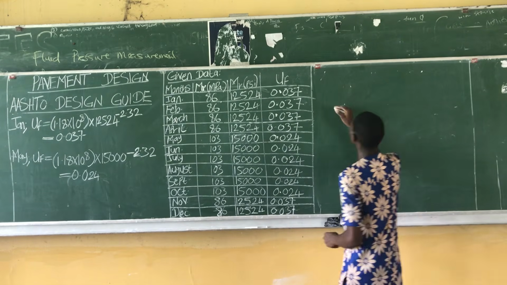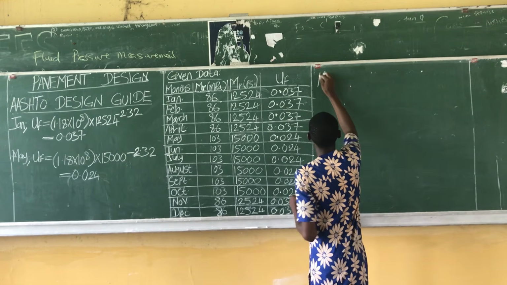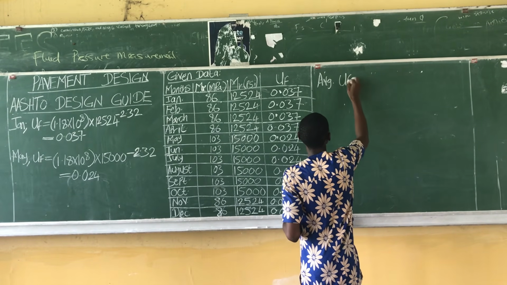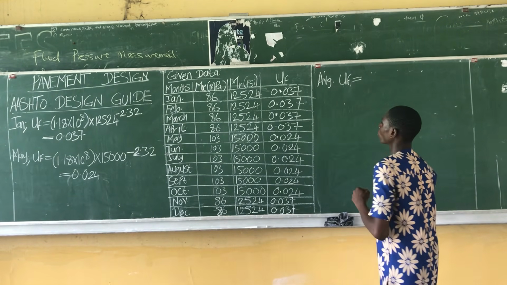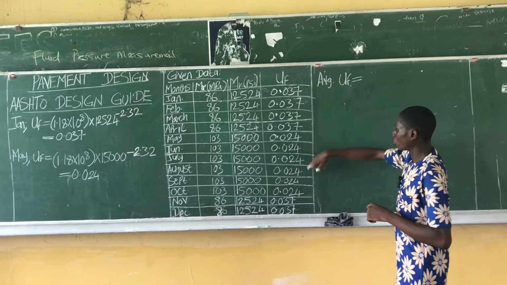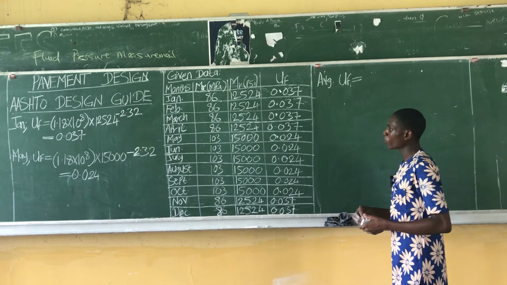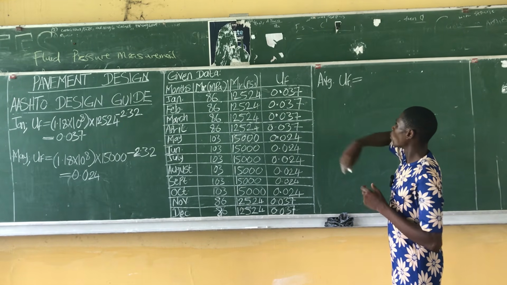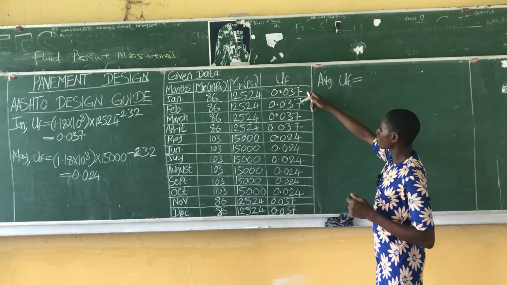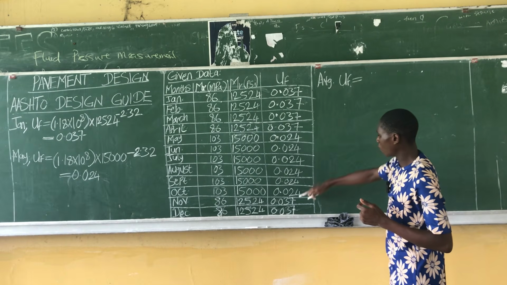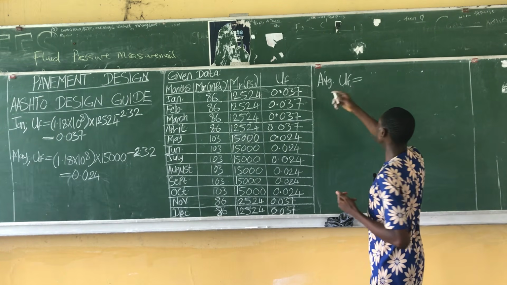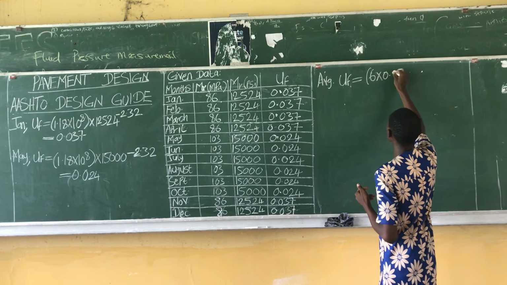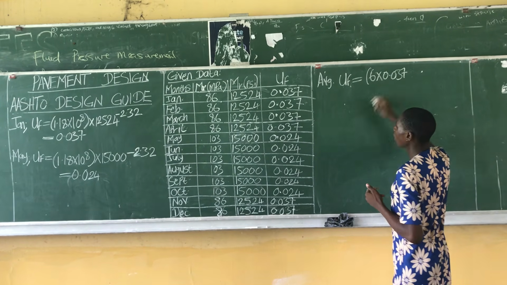Okay, so the average damage factor is equal to, now we're adding this plus this plus this to the end, but if we observe from our problem, instead of writing this out expressly, how many of this value do we have? We have 1, 2, 3, 4, 5, and 6. So adding all this, we can simply say this is 6 times 0.037.